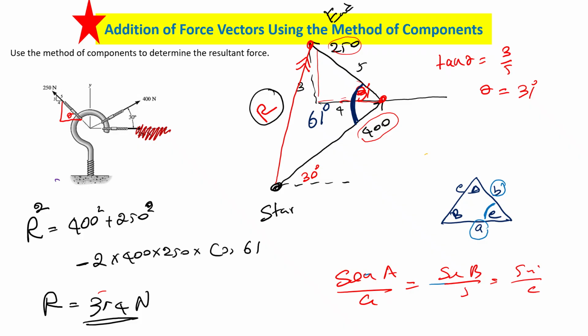Okay, now how do we find this angle? I'm calling this alpha. So how do you write the sine alpha now? Sine alpha divided by what?